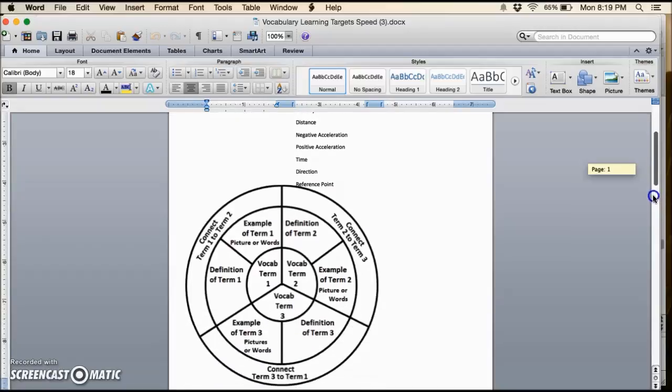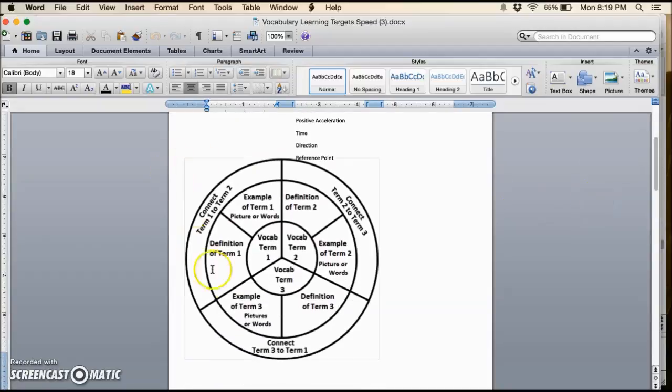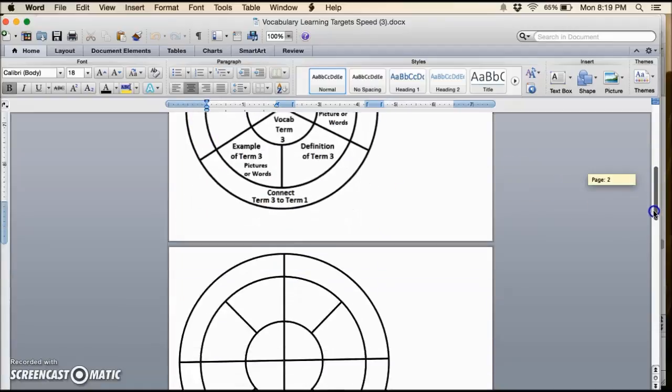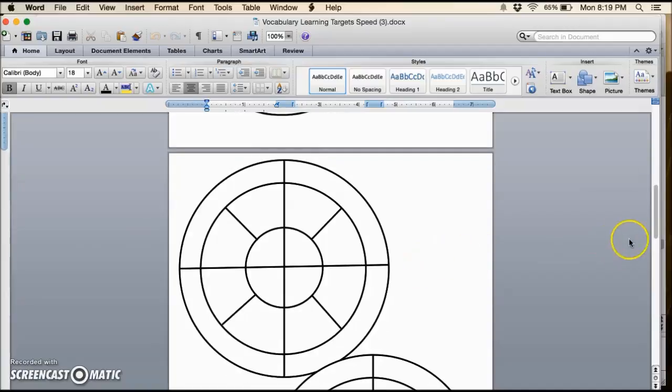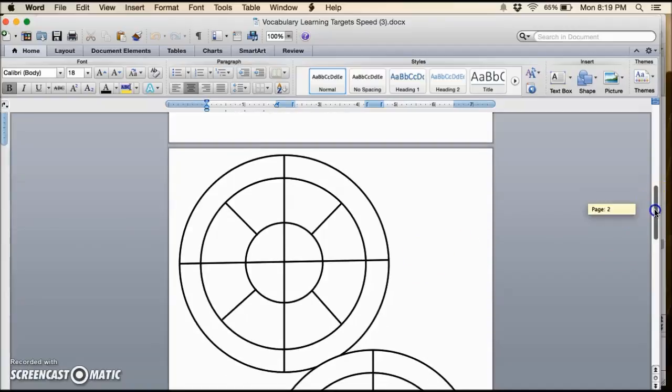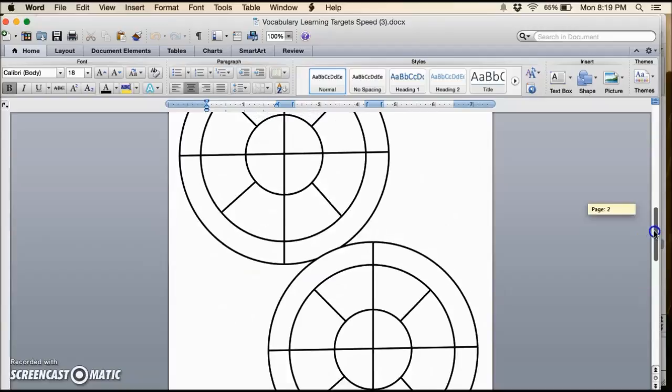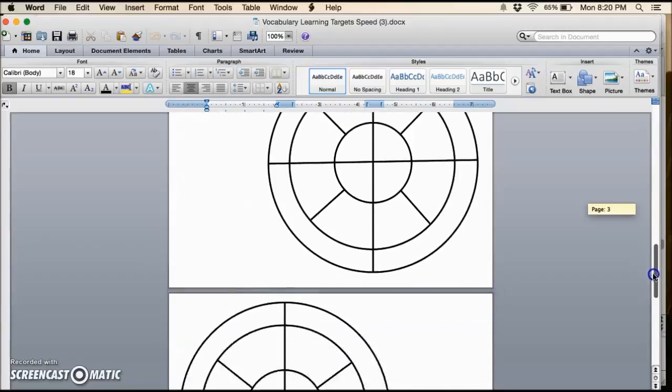So basically what you have is you have a wheel, and you put the vocabulary terms in the center, and then they have to do a definition and an example and picture of words, and then they have to connect the terms together. There's a 4-spoke one and a 3-spoke one, so you can put them into 3s or 4s.